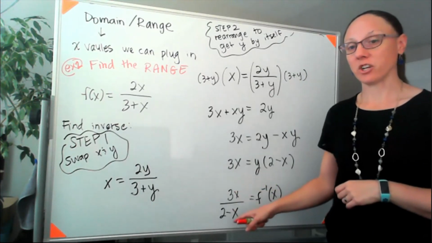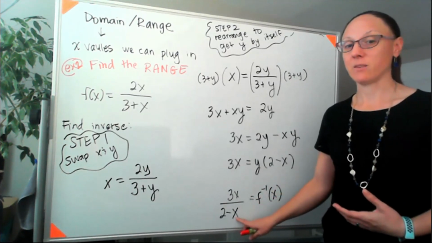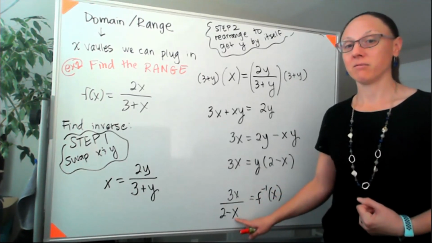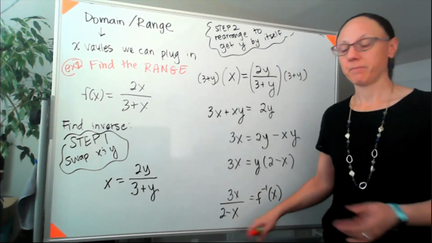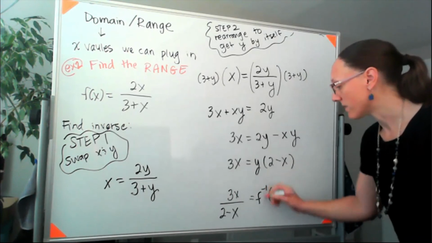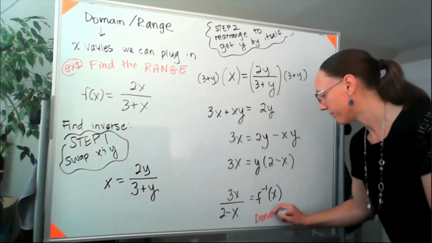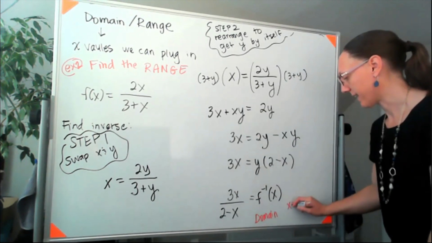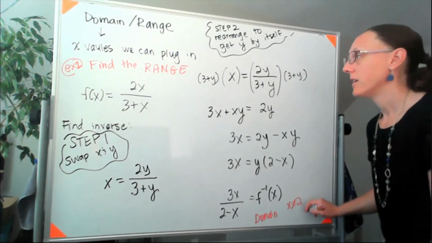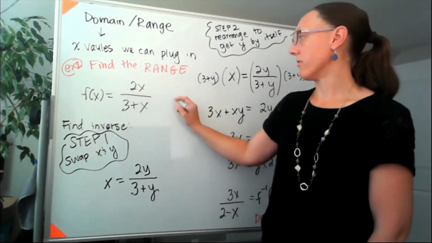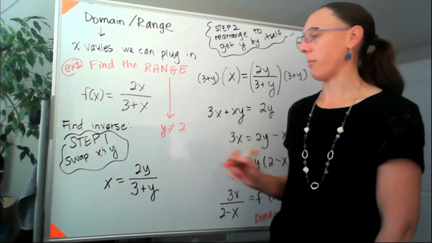Because I've got a fraction, the only thing that's going to mess the domain up is if we tried to plug in 2 for x. So I know that in terms of f inverse, the domain of f inverse would be that x cannot be equal to 2. So the range of my original function is going to be that y cannot be equal to 2.